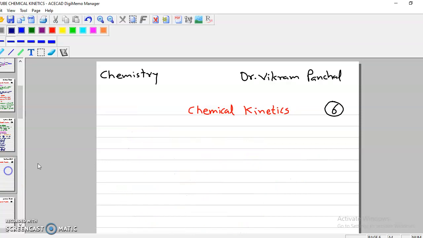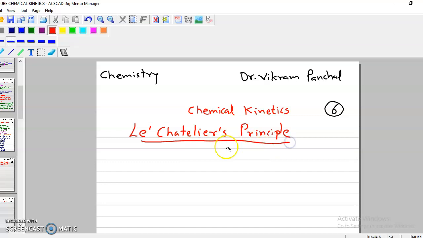Now we will see another part of the equilibrium state, which you have studied very well, and that is Le Chatelier's principle. Le Chatelier's principle is related to the equilibrium state.